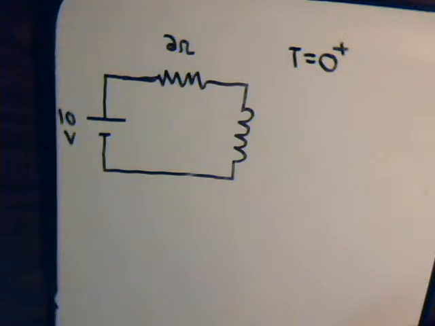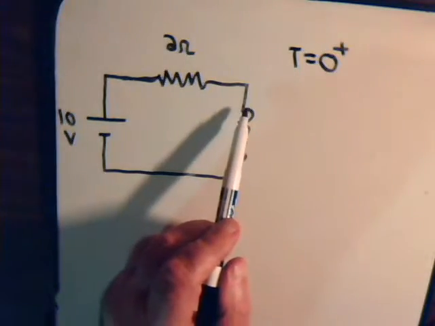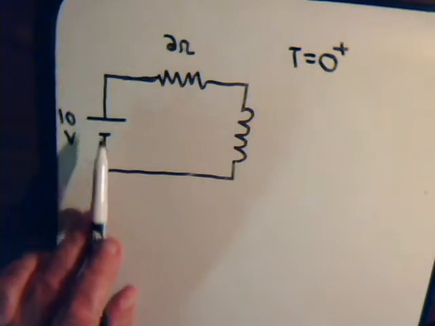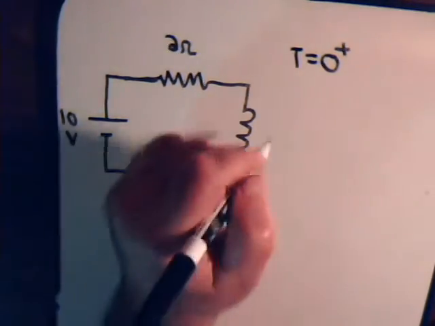Well, now if Kirchhoff's voltage summation law is going to hold true, then that means there has to be a voltage across this coil here that's going to be equal to 10 volts.